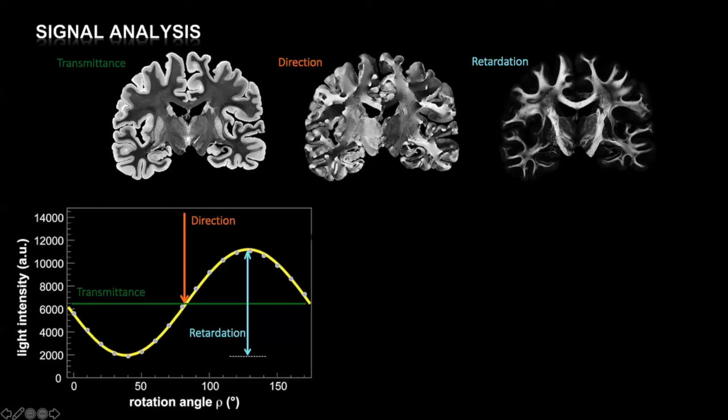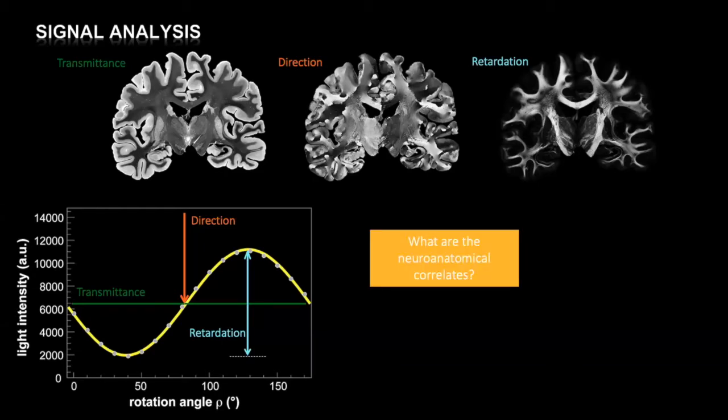And this amplitude looks like this, and this is what we call the retardation. You already have three different modalities extracted from the measurement signal at the same time. The transmittance map shown here looks at first glance a little bit like a myelin stained image, but it is not exactly the same.